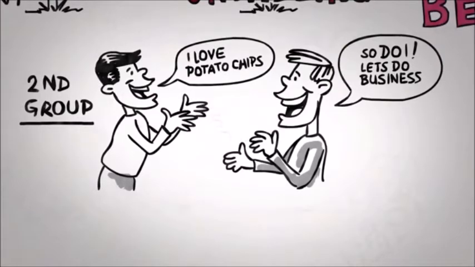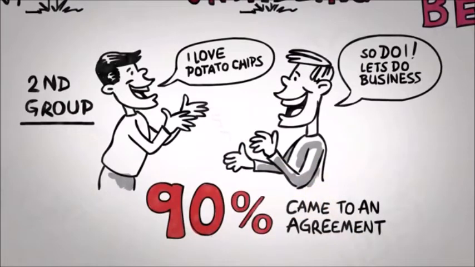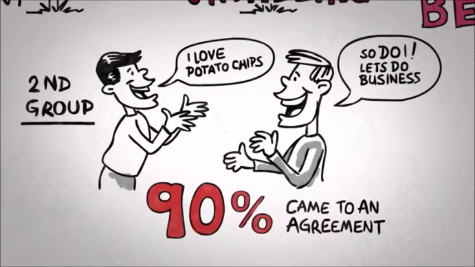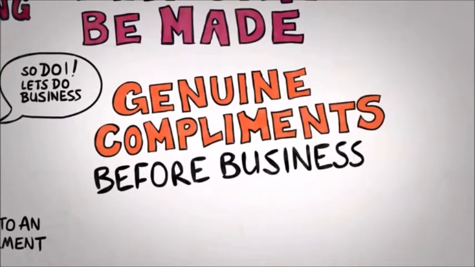In this group, 90% of them were able to come to successful and agreeable outcomes that were typically worth 18% more to both parties. So to harness this powerful principle of liking, be sure to look for areas of similarity that you share with others and genuine compliments you could give before you get down to business.